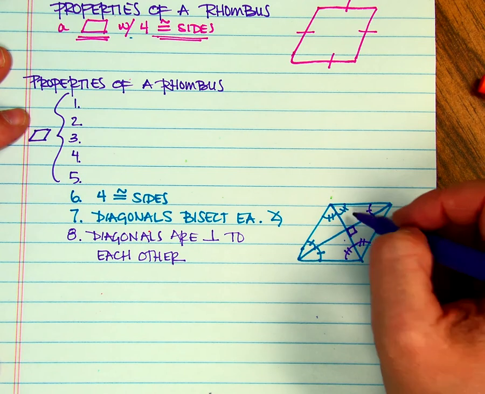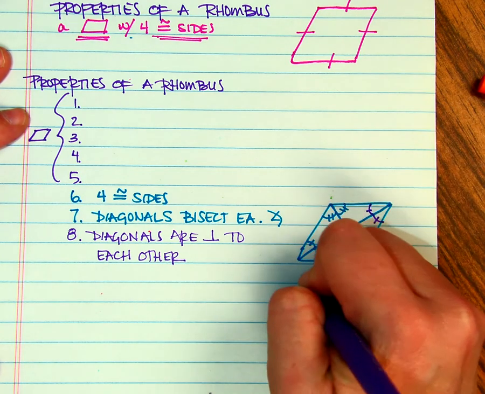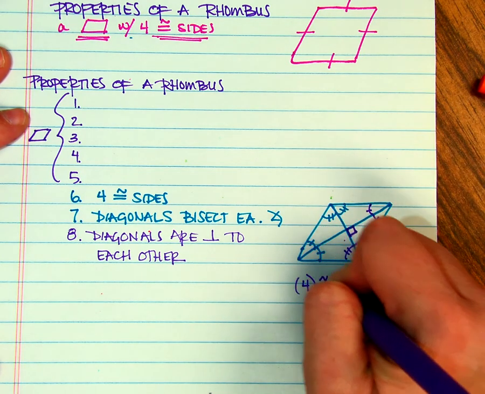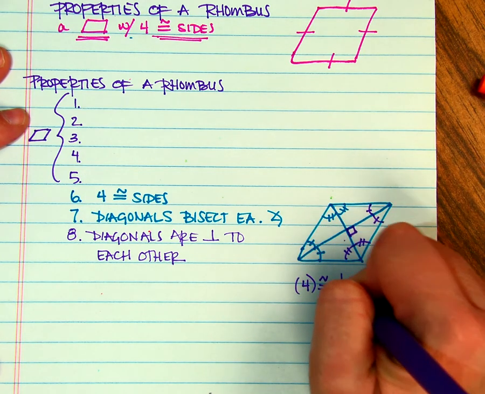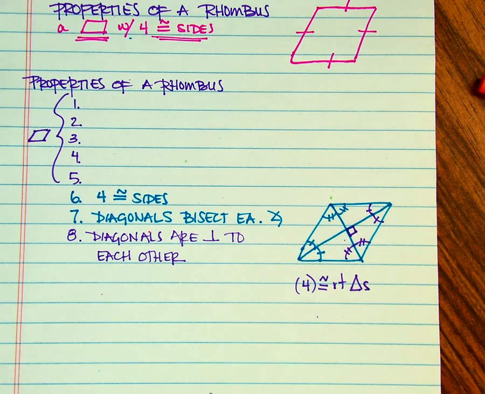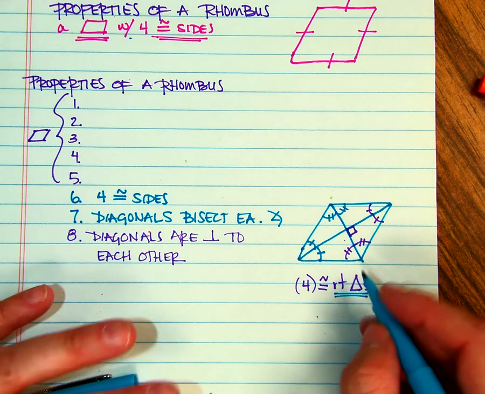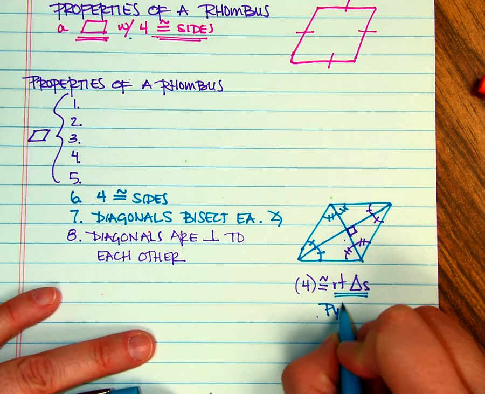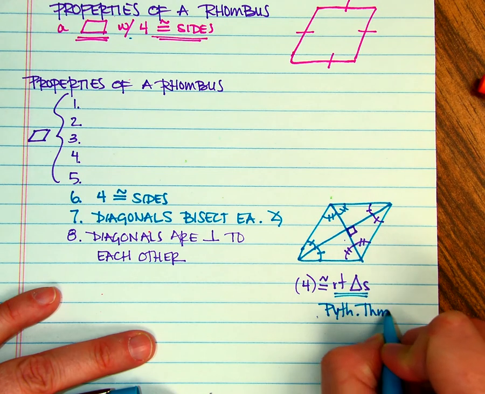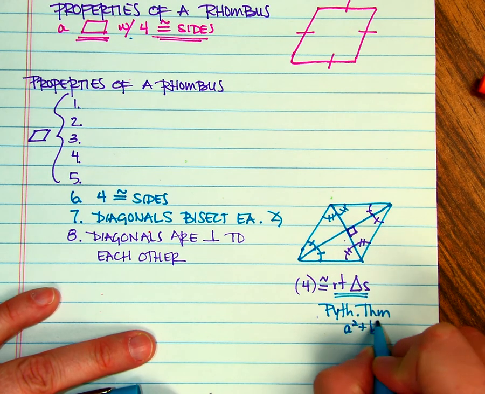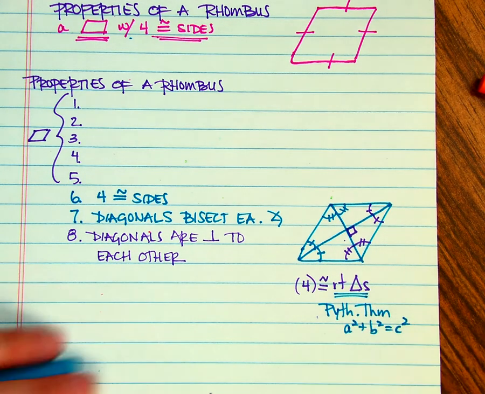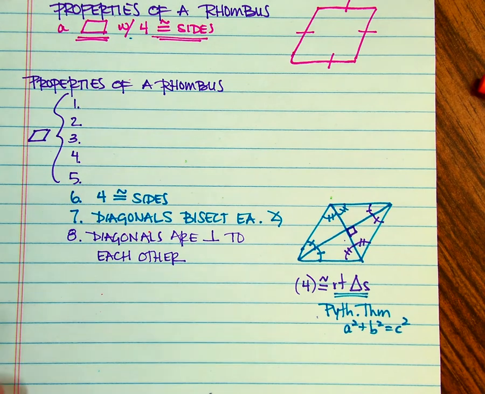So what you are creating is you end up with 4 congruent right triangles. Okay? And one thing you might want to be thinking about if we are talking about congruent right triangles is in a right triangle, if you're missing some pieces, you might be thinking about the Pythagorean Theorem of a squared plus b squared equals c squared. We might get to one of those examples yet today.